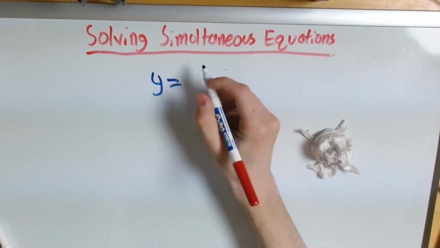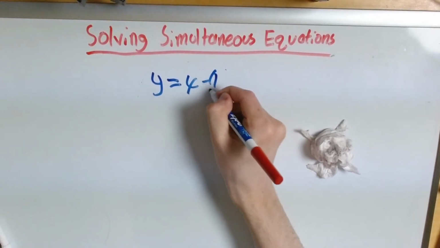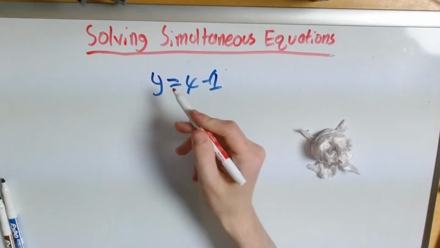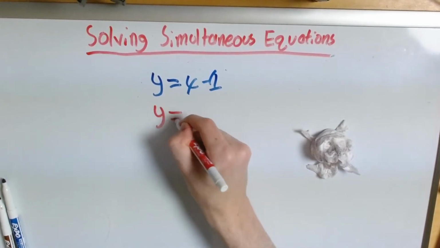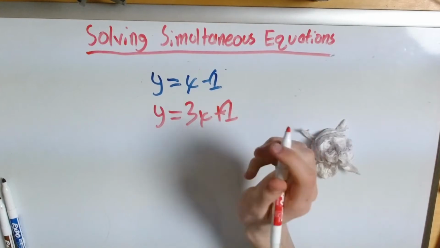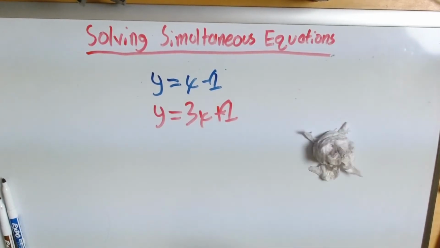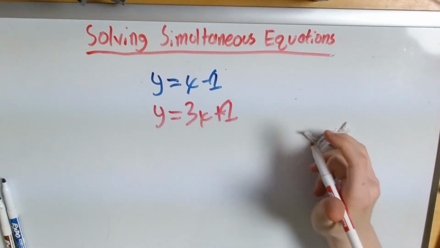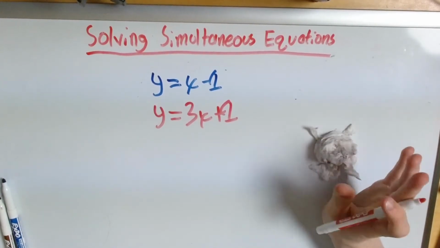Let's say we have y equals x minus 1. And then we have y equals 3x plus 1. Once again, we have to find their point of intersection. And here's where substitution becomes really, really easy. You might say, okay, slope-intercept form, they made it easy for me. I guess I should graph it.